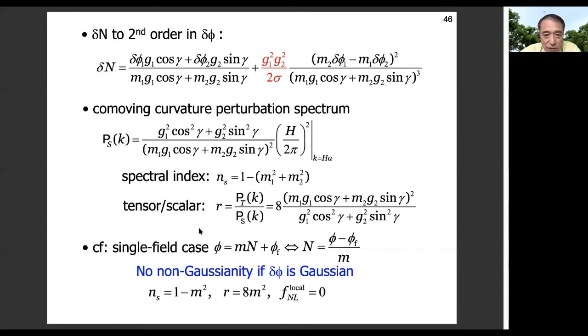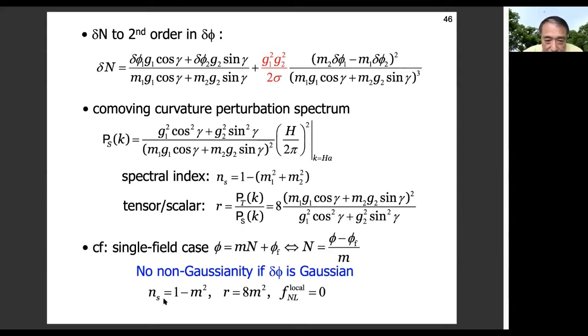Okay, so by the way, this is the two-component kind of hybrid inflation model. But if you assume it is a single component, then essentially everything reduces to this very simple formula. N is just proportional to the initial value minus the final value, which is fixed to some value, divided by m.